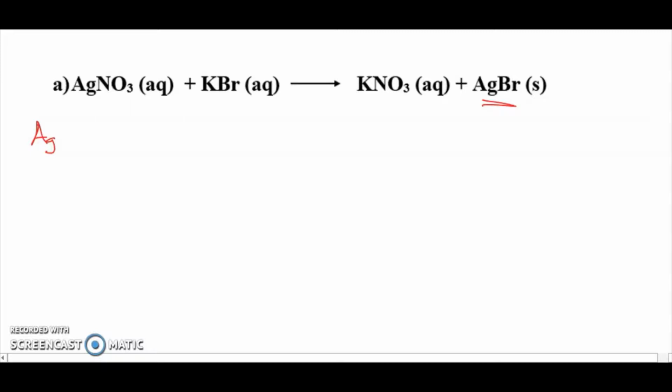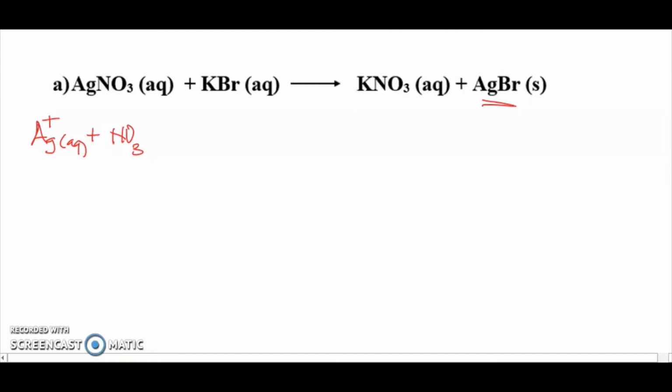Definitely it will have to be -1. So what should be the charge on the silver ion? Silver is a metal, so that the charges balance up. If bromine is -1, silver should be +1. So here we would have Ag plus aqueous plus, now we have the nitrate NO3.